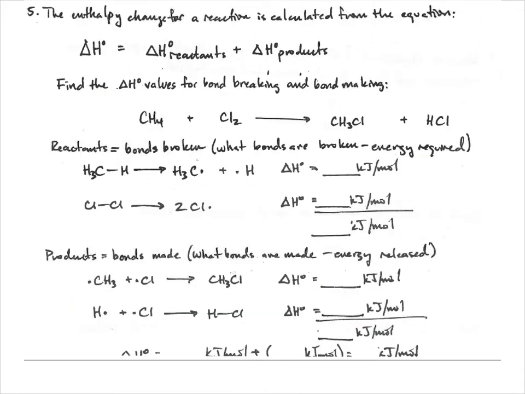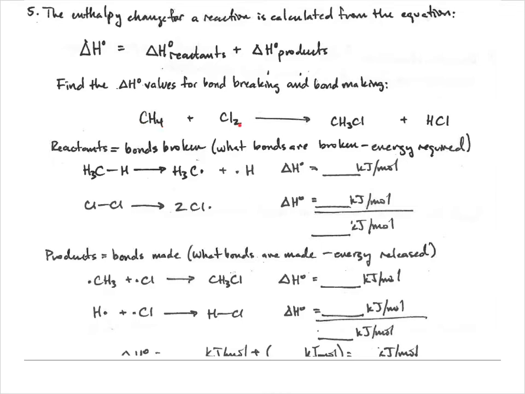So we're going to move on to question 5 here, which asks us to find the enthalpy change for the following reaction. So we're taking the most basic hydrocarbon, methane.